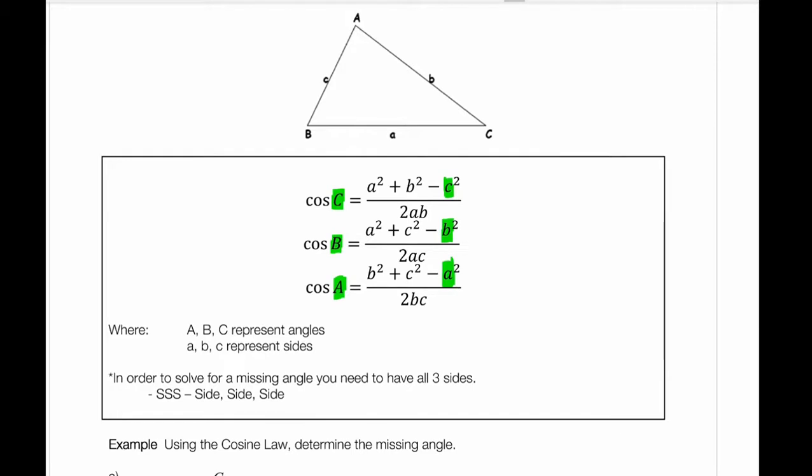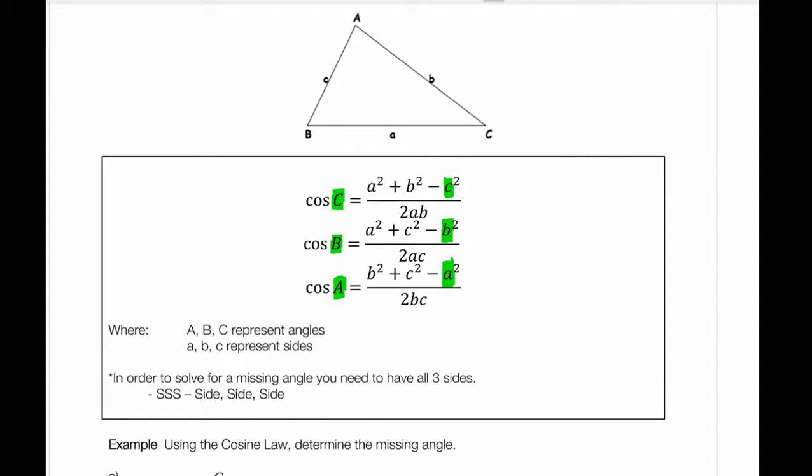Other than that, the two other sides, it doesn't really matter where we put them, because when we add two terms, order doesn't matter, and when we multiply two things, the order doesn't matter. But the key thing is that the angle that we're looking for and its corresponding side is in the subtraction spot, as we see here highlighted. Again, remember that the capital letters represent your angles, the lowercase letters represent your sides in the formula.